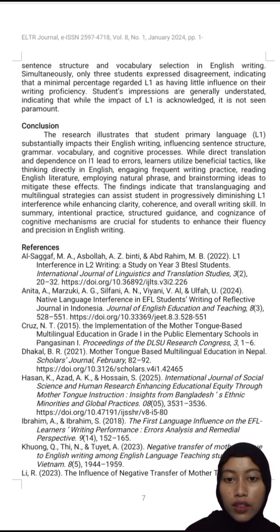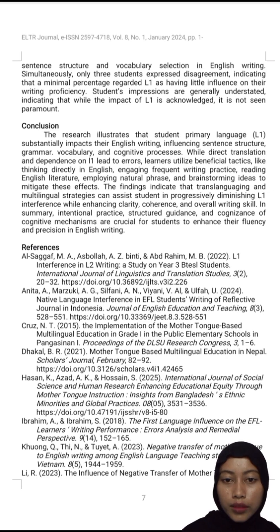Students use effective strategies such as thinking directly in English, regular writing practice, reading English texts, employing natural expressions, and brainstorming ideas. Translanguaging and multilingual approaches can gradually reduce first language interference and improve clarity and coherence. Intentional practice, structured guidance, and awareness of cognitive process enhance fluency and accuracy in English writing.